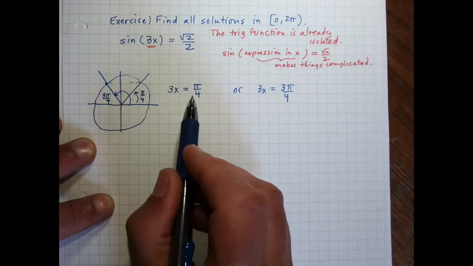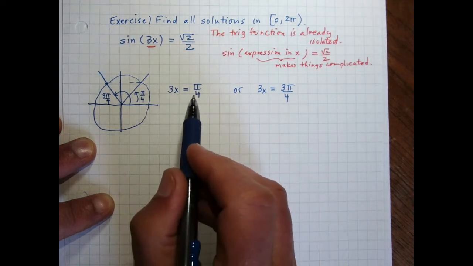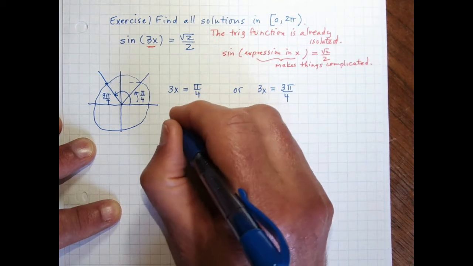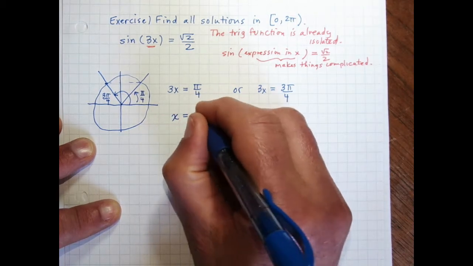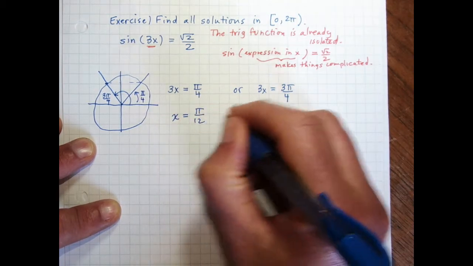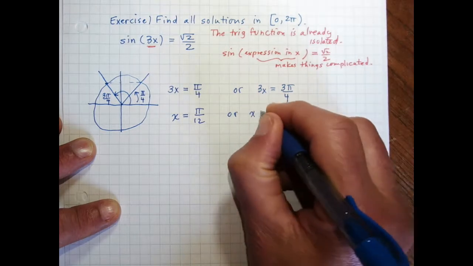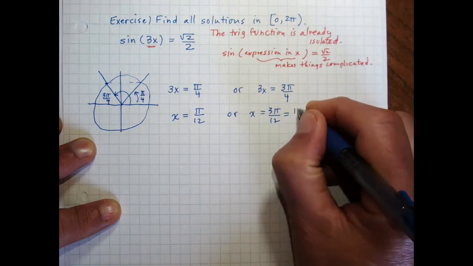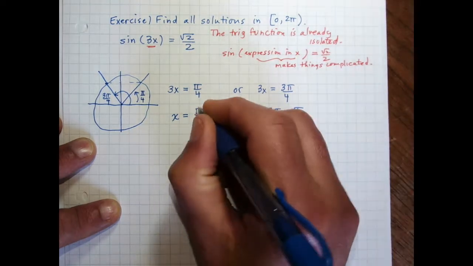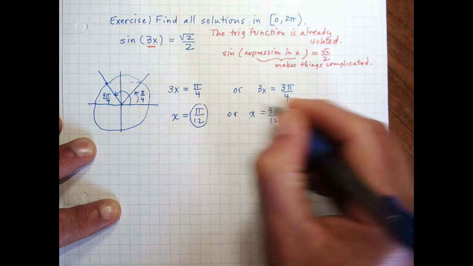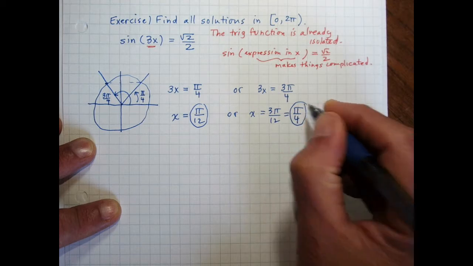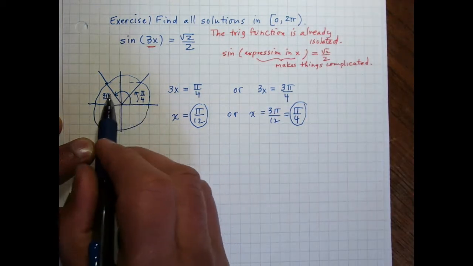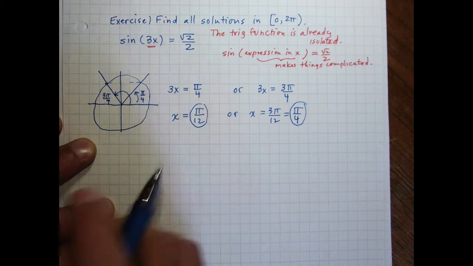I still have to divide both sides by 3 to solve for x. Or I could multiply both sides by 1/3, right? I get x equals pi over 12, or x equals 3 pi over 12, which is the same as pi over 4. So I have two solutions, pi over 12 and pi over 4 for x, because the pi over 4 and 3 pi over 4 back here were actually values of 3 times x.